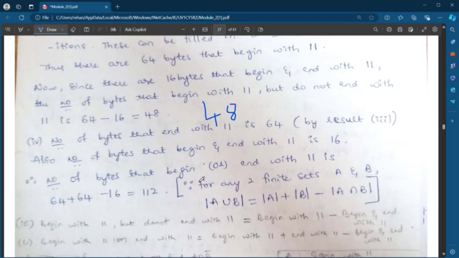The number of bytes that begin or end with 1 1 is: here they are using the union formula for any two finite sets A and B. A union B is equal to mod A plus mod B minus mod A intersection B. So 64 plus 64, A and B we found out, right? Minus A intersection B, that is 16.